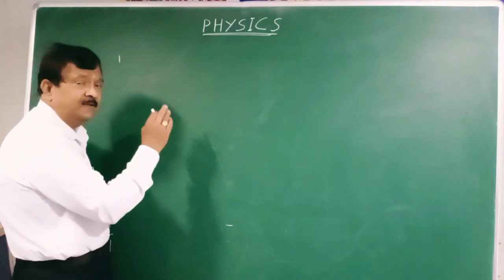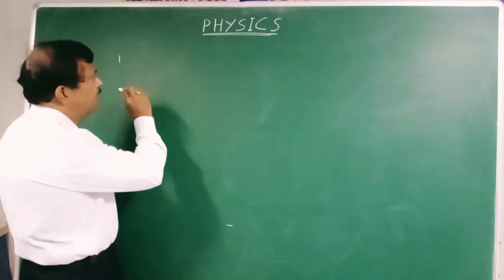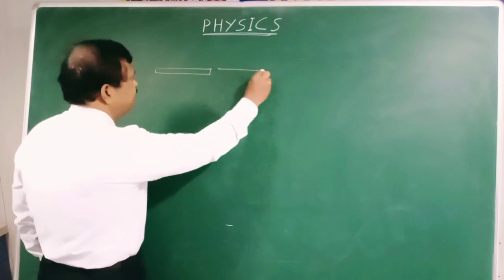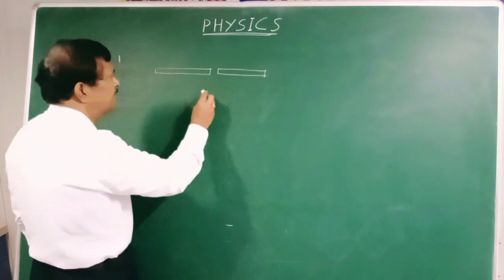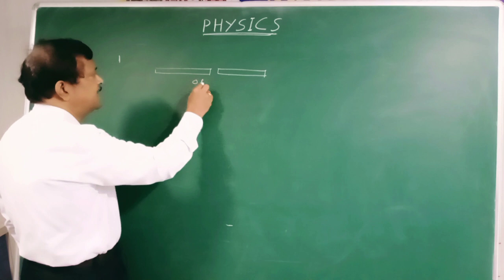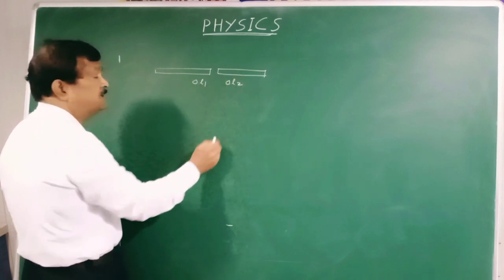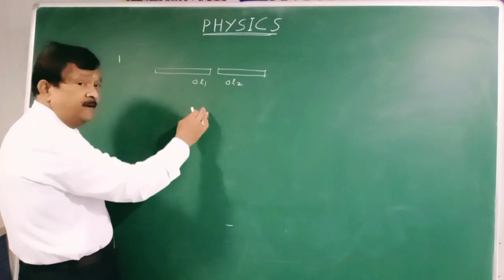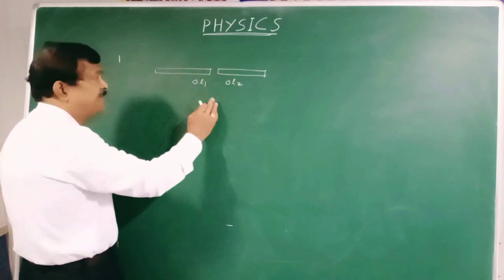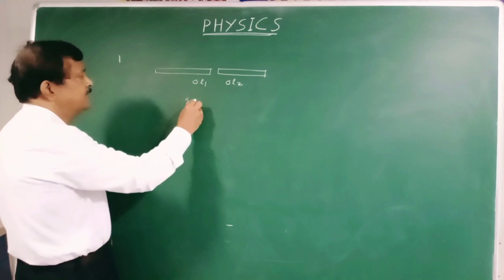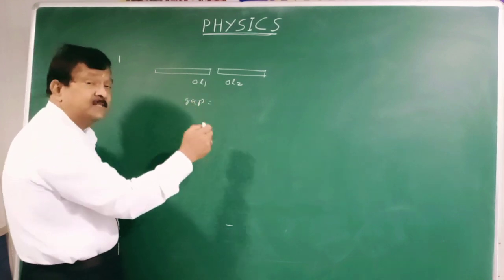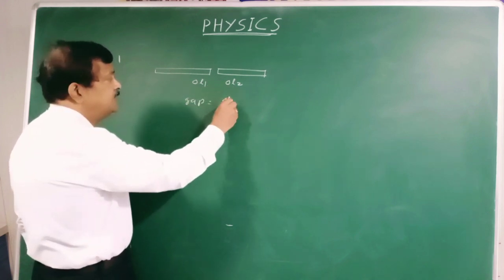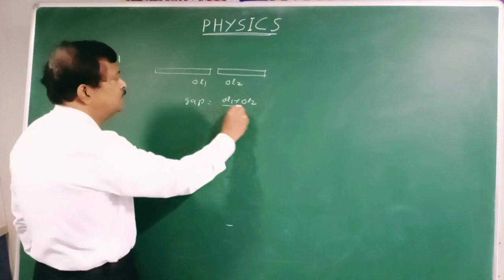When we have the application of railway tracks, we are given the gap to be left between the two rails. Suppose these are the two rails. Let the expansion of the first rail be delta L1 and the expansion of the second rail be delta L2. Then the gap to be left equals the average expansion of the two rails, that is (delta L1 plus delta L2) by 2.